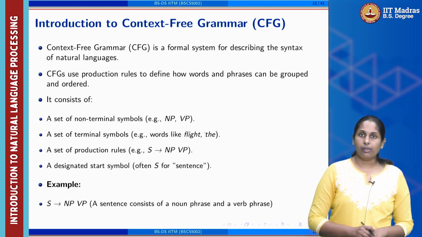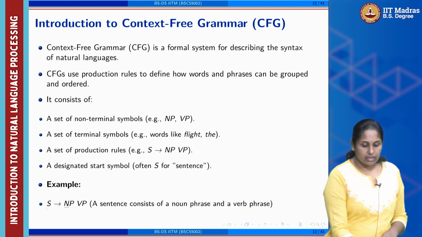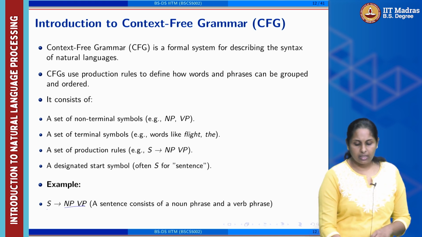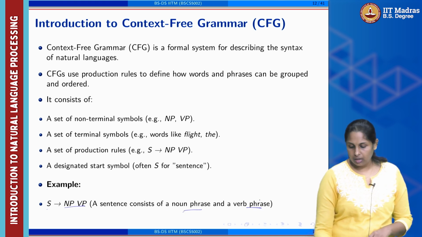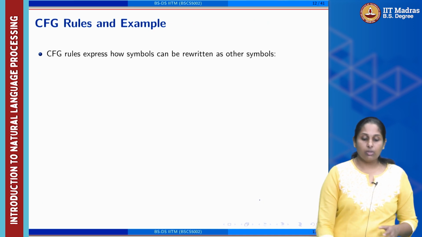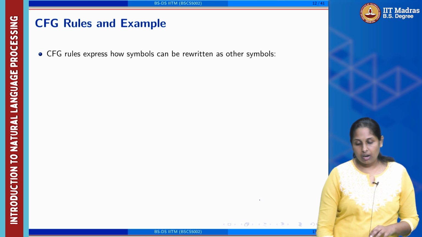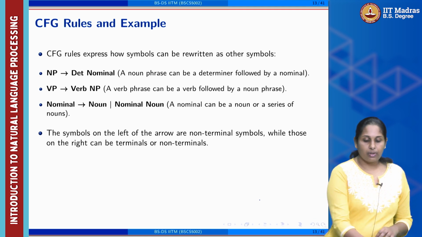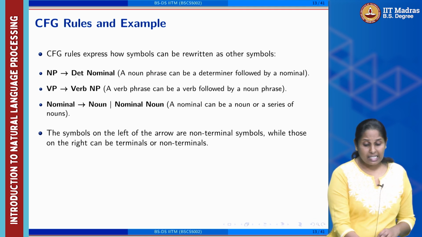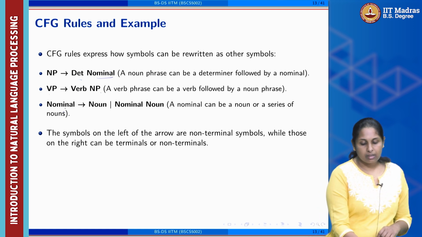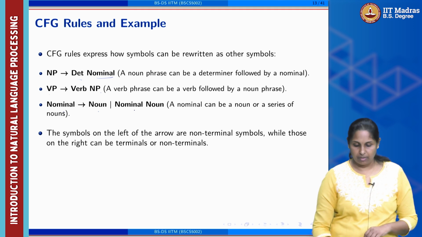For example, if you say sentence is rewritten as NP VP, here the sentence consists of a noun phrase and a verb phrase. Now CFG rules express how these symbols can be rewritten with other symbols. When you see NP, NP is rewritten as determiner and nominal, that is called N. VP is verb, NP. Nominal can be a noun or any other nominal form.